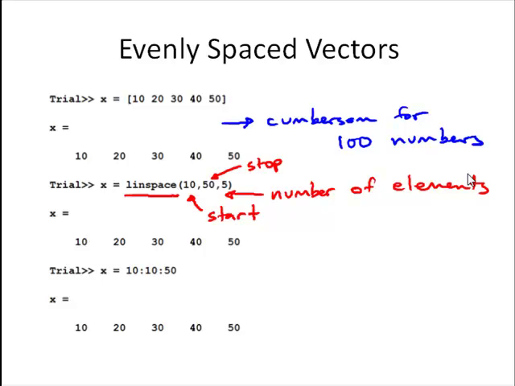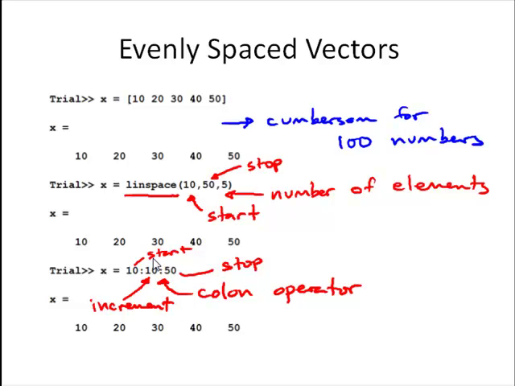Another way to create an evenly spaced vector is with the colon operator. And the colon operator just gives us a way to create a vector using slightly different input information. Here we use the start, and we have the stop, but instead of telling it how many elements we want in the vector, we're going to specify in the middle here an increment.